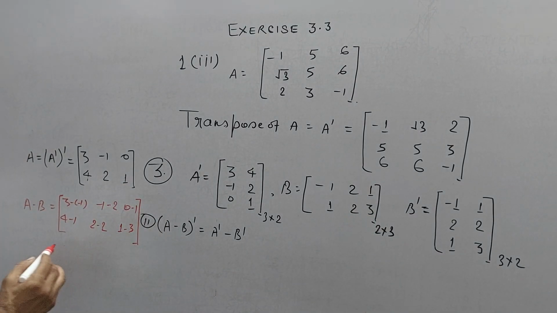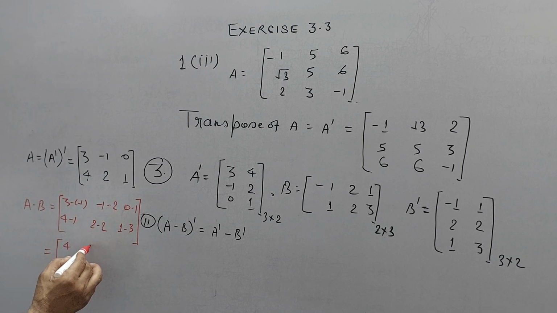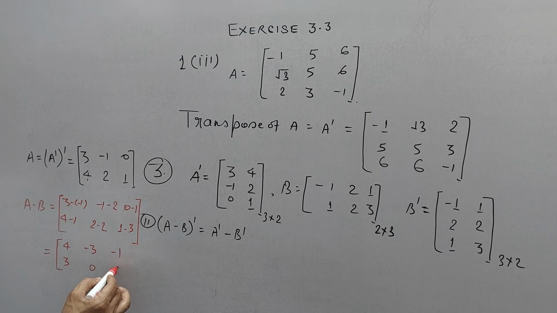If I simplify this once, 3 minus 3 plus 1 is 4, minus minus plus 1, minus 1 minus 2 is minus 3, and 0 minus 1 is minus 1, 4 minus 1 is 3, 2 minus 2 will be 0, and 1 minus 3 will be minus 2.